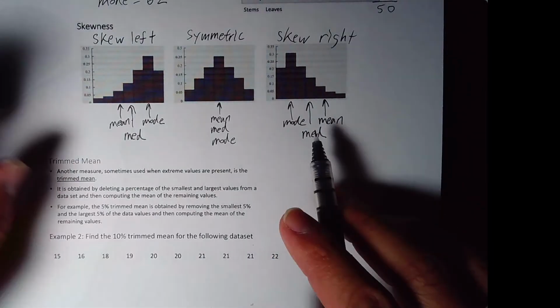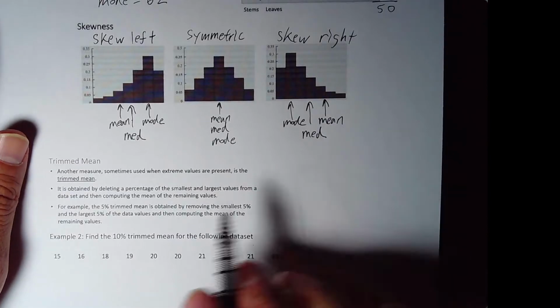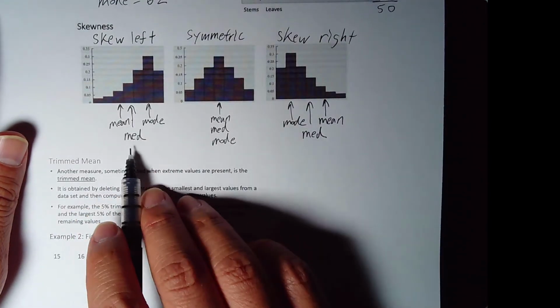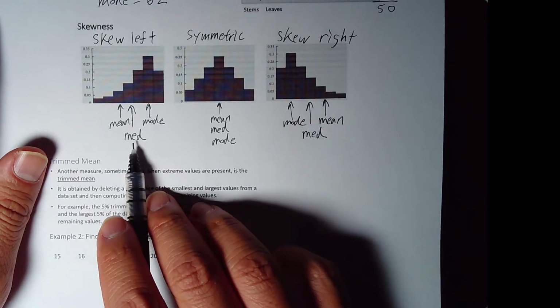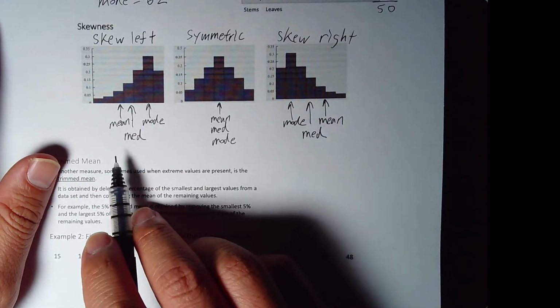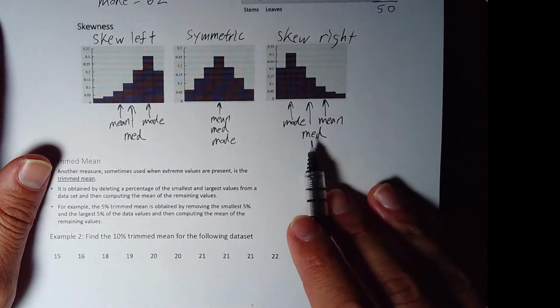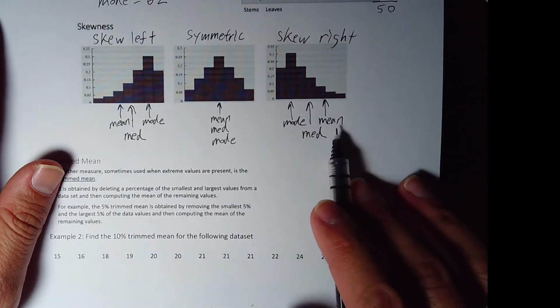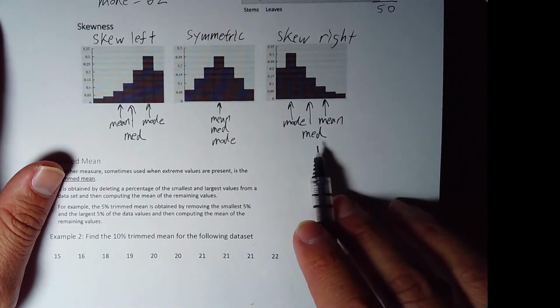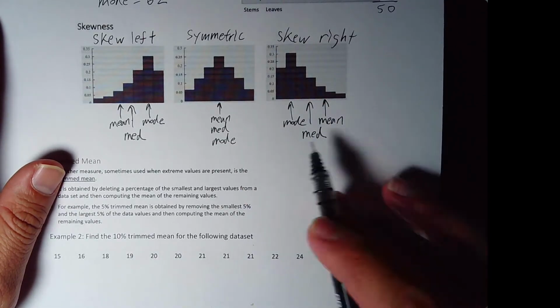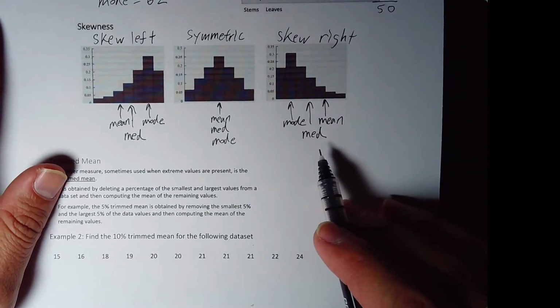One of the usefulness of this is that if you know the relative position of mean and median, then it gives you a pretty good idea if the distribution is skew left or skew right. If all you know is that the mean is greater than the median, then you know that the distribution is skew right. For example, we can look up average income versus median income.